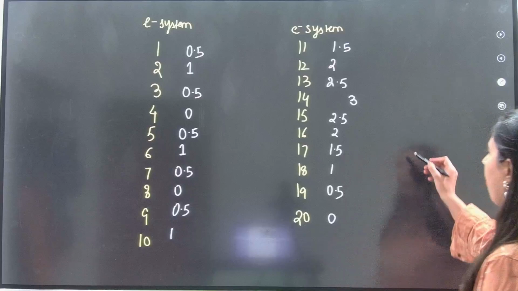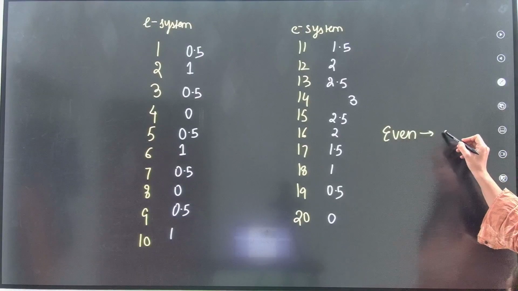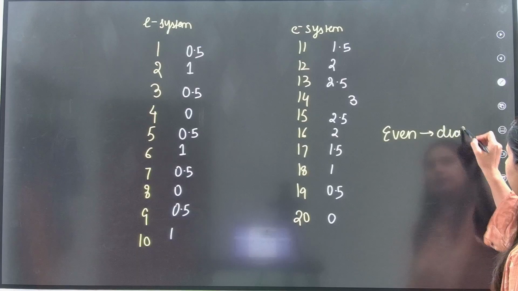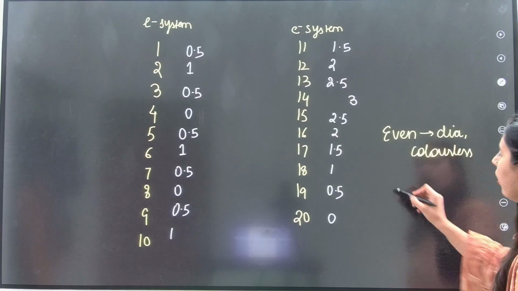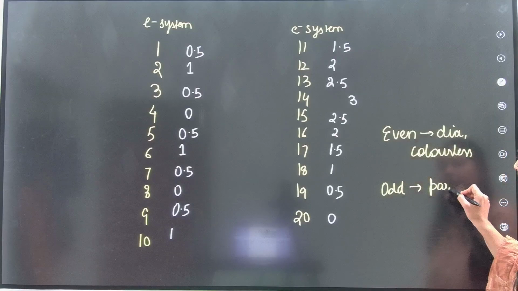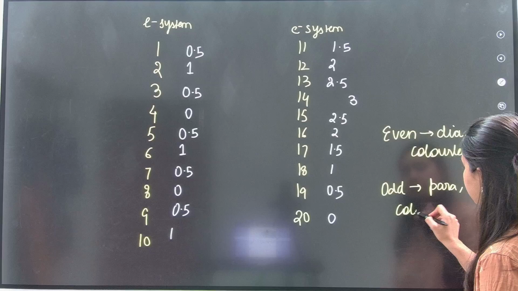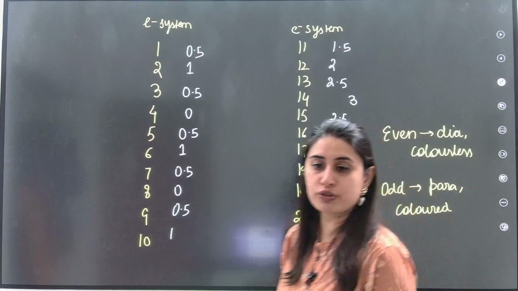Good thing is all the even numbers can be thought of as diamagnetic and colorless. All the odd electron systems can be considered as paramagnetic and colored species. But mind you, there are exceptions to this.